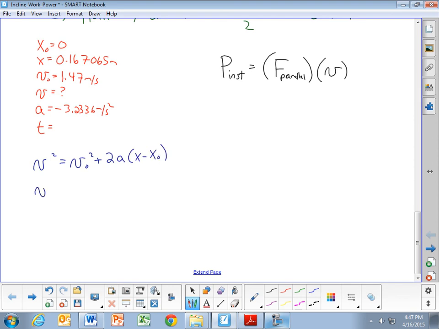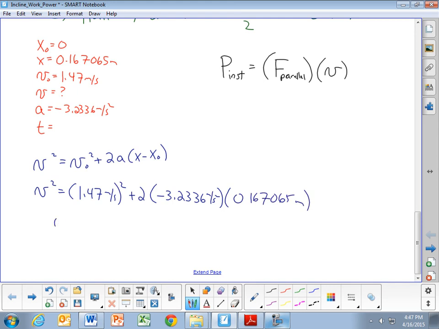So I have that the unknown final speed squared equals 1.47 squared plus 2 times the acceleration times the distance of 0.167065 meters.